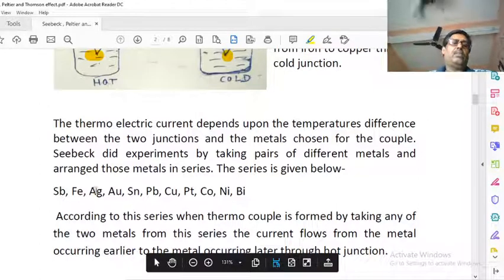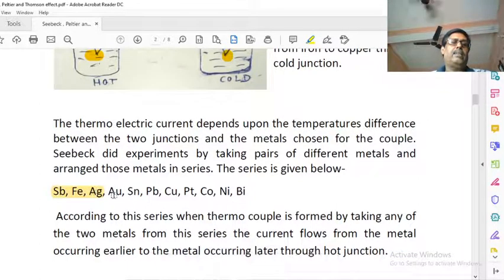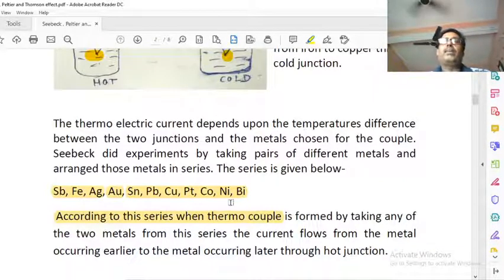The series you can see here: antimony, iron, silver, gold, tin, lead, copper, platinum, cobalt, nickel, bismuth. These are a few metals of the series. Actually, there is a large number of metals in the list.